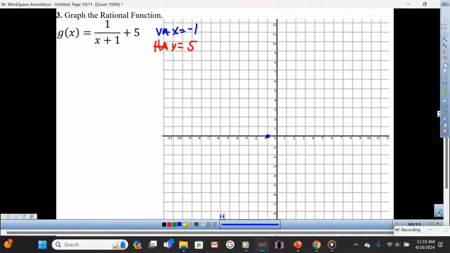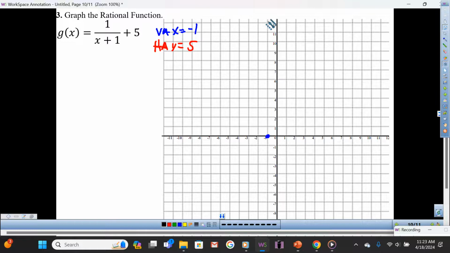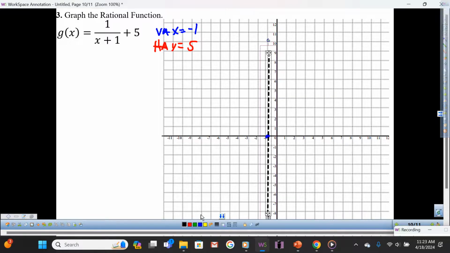So we have a straight, invisible line going through that, like so. There it is.